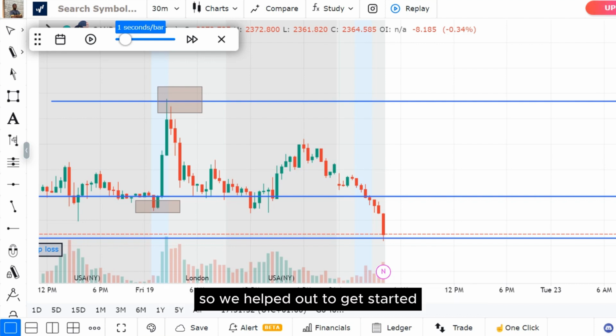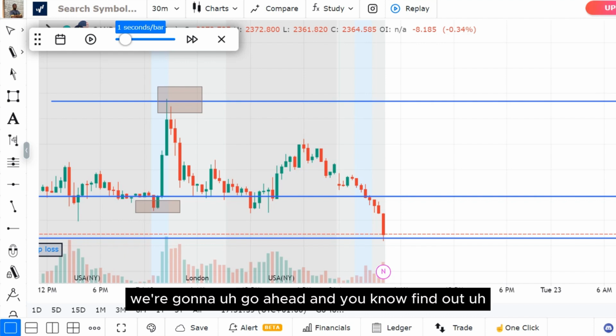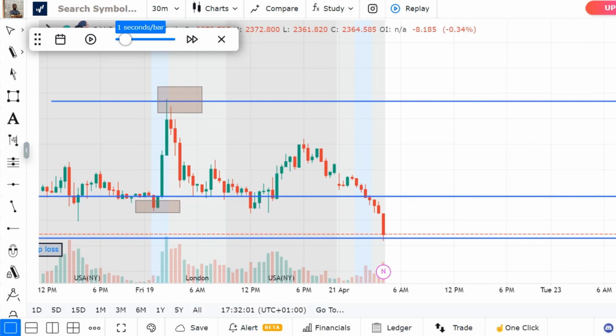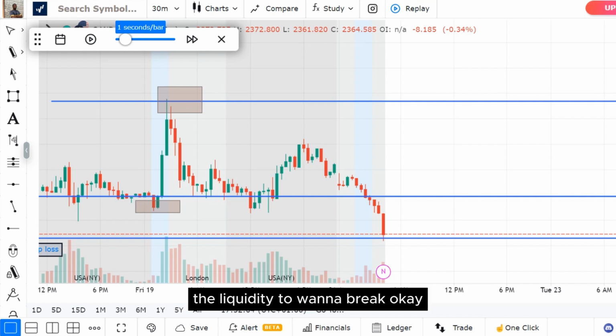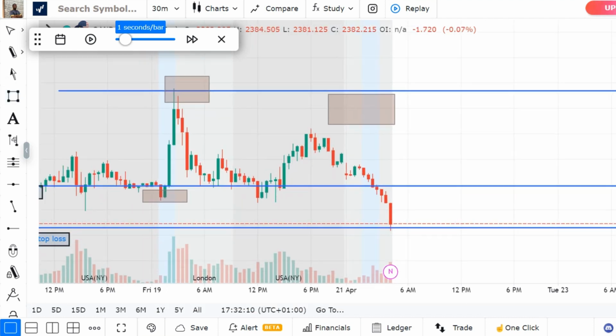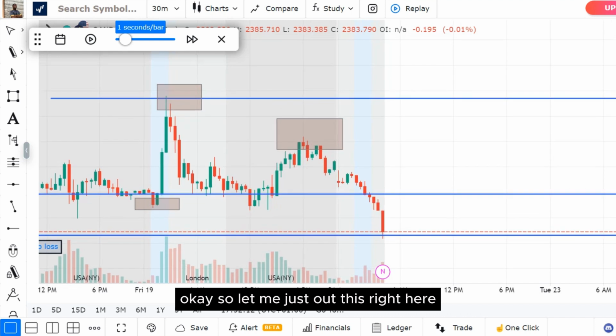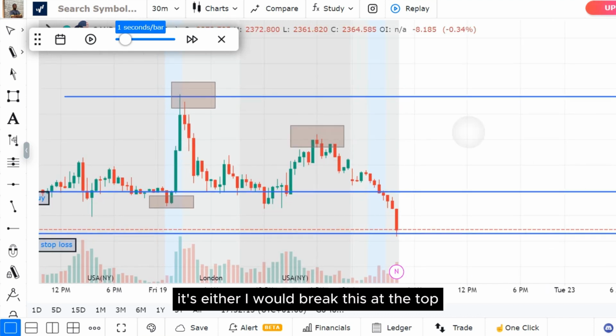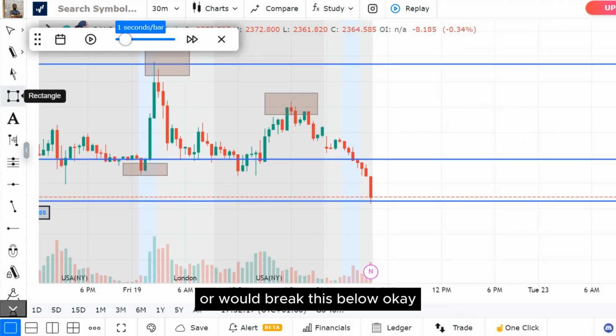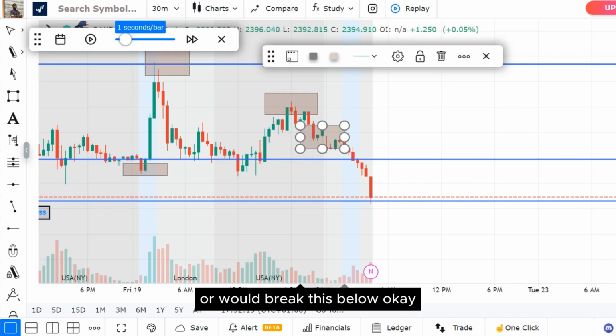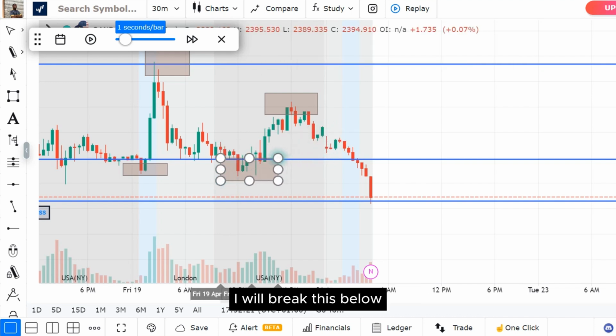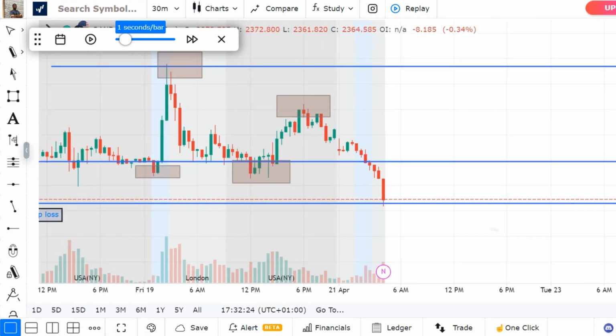So basically now what's going to happen is we're gonna go ahead and find the liquidity we want to break. Okay, that's the break of structure we want to have. So I'll just go ahead and have this right here. It's either we'll break this at the top or we'll break this below, okay?